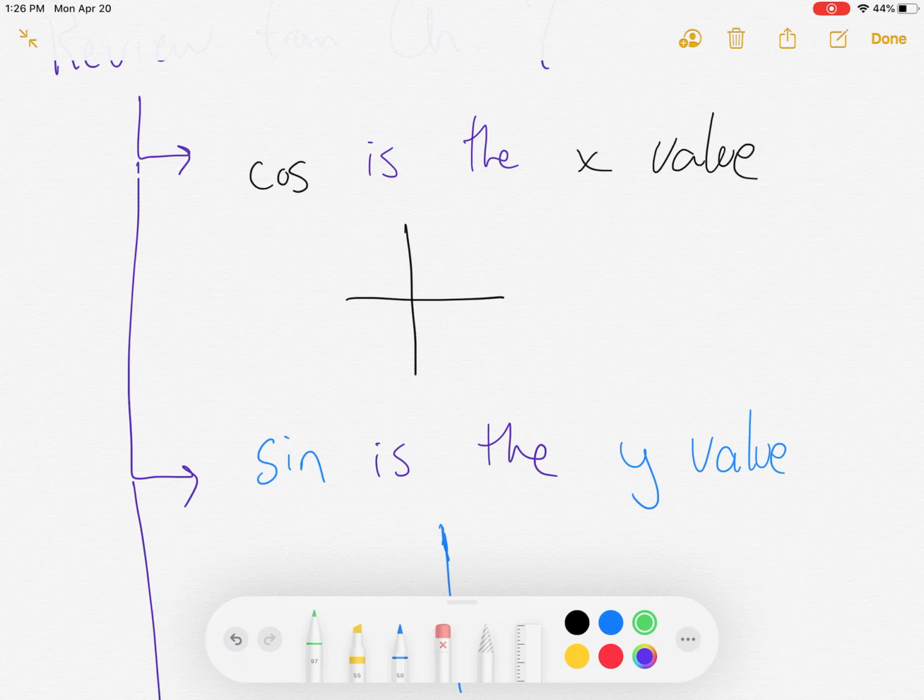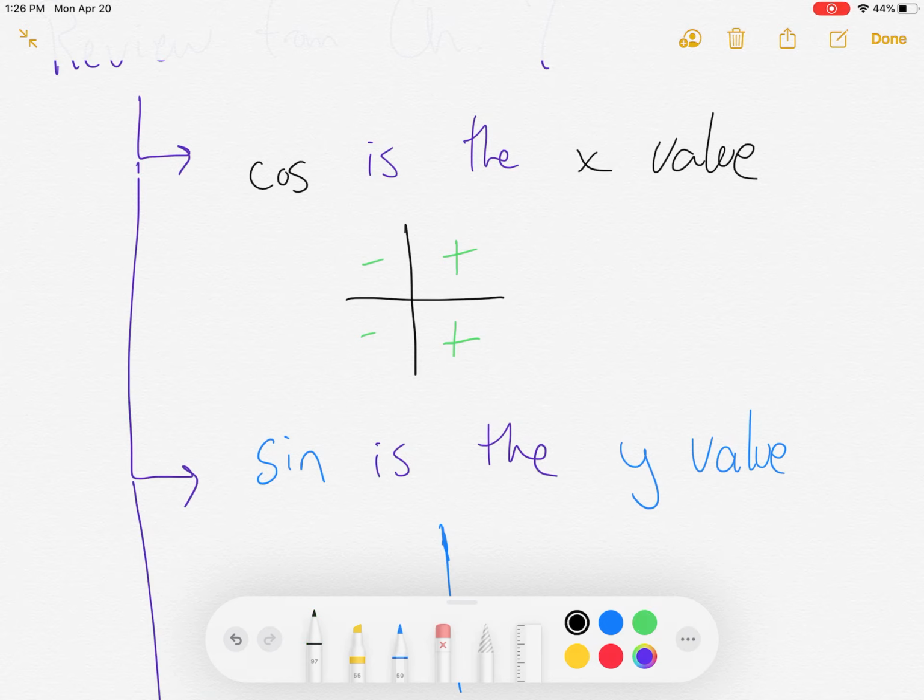First of all, a review from chapter 7. Cosine is the x value. So if we're talking on an xy scale, the x value is positive in quadrant 1 because you go right. It's negative in quadrant 2, negative in quadrant 3, and positive in quadrant 4.